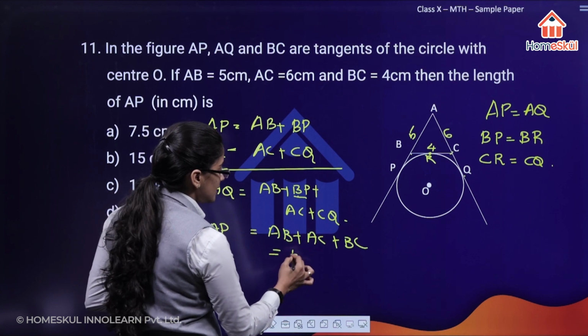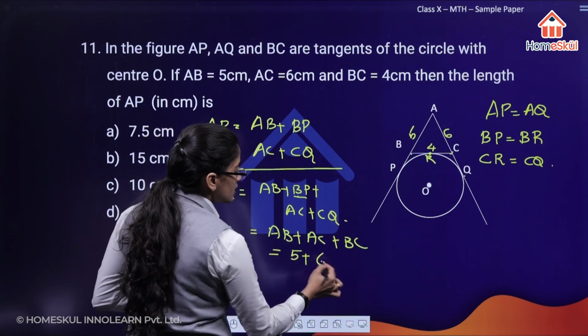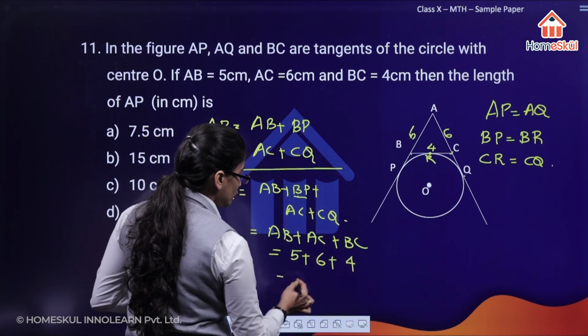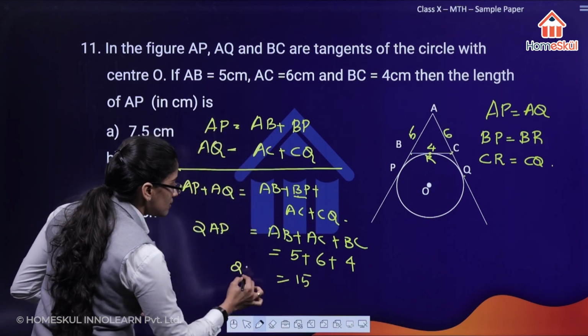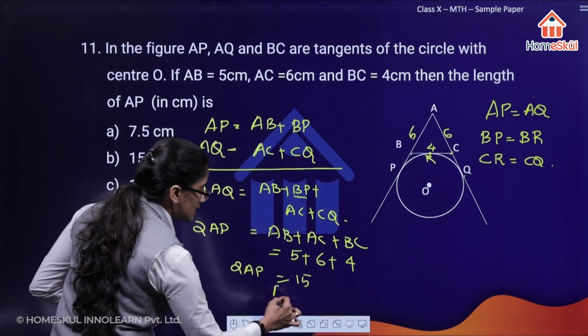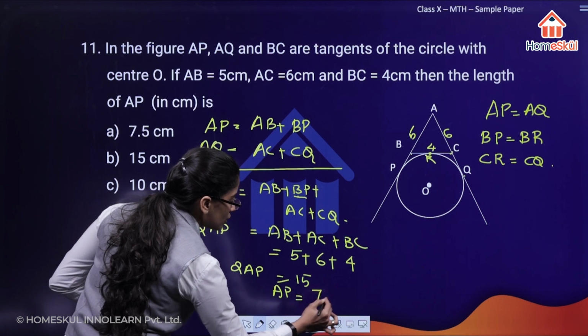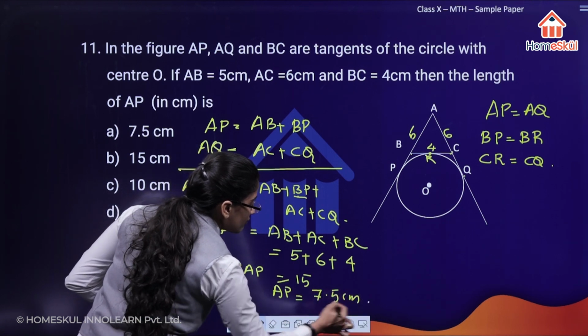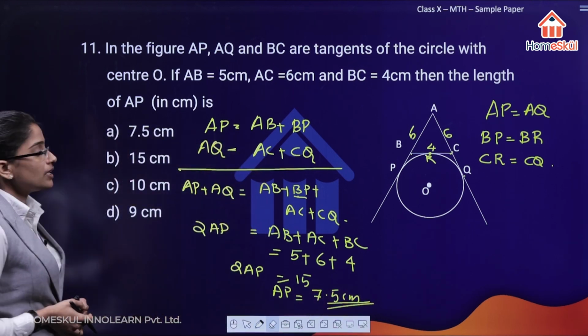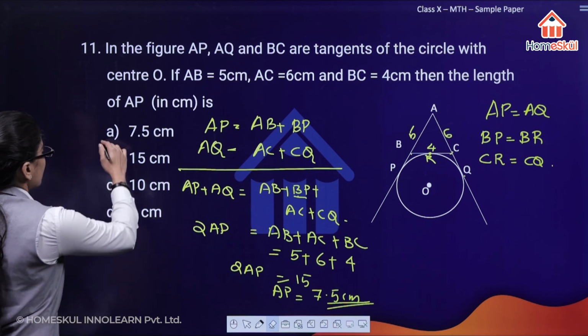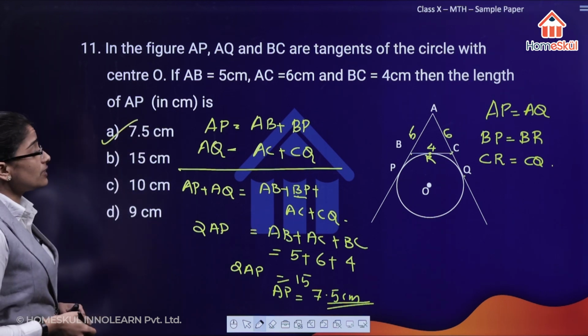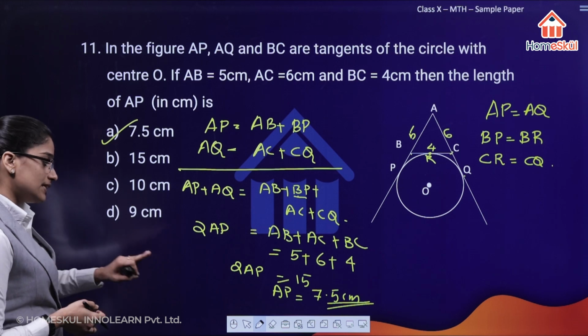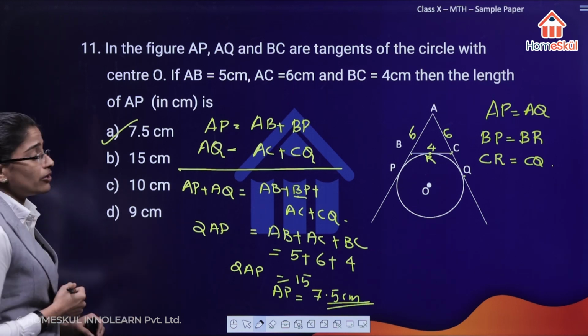AB is 5 centimeter, AC is 6 centimeter and BC is 4 centimeter, which means 2 times AP is equal to 15 centimeter. That is, AP is equal to 15 by 2, that is 7.5 centimeter. Okay, clear? So, the option is A. A is the correct answer. The length of the tangent is 7.5. That is, AP is equal to AQ is equal to 7.5 centimeter.